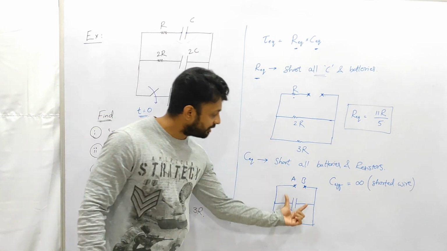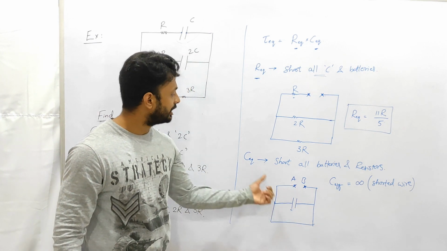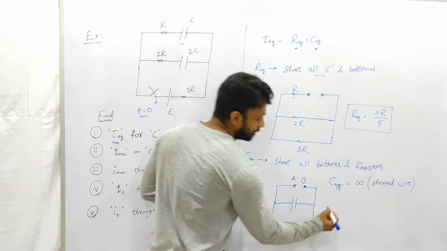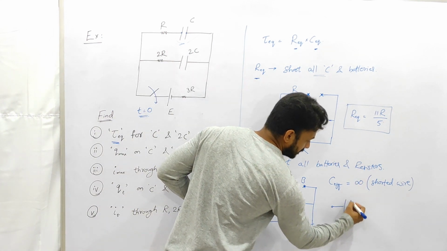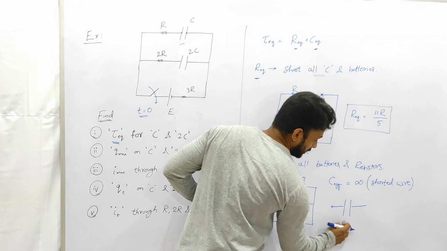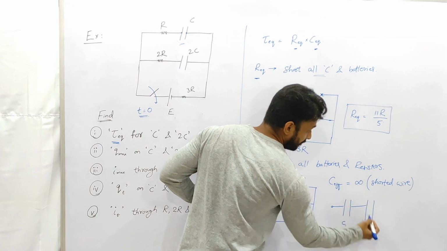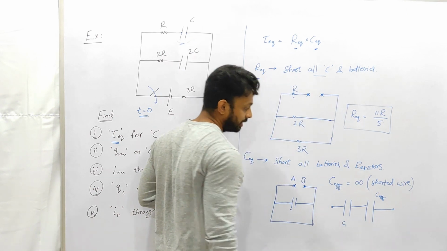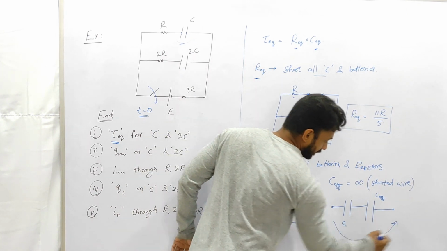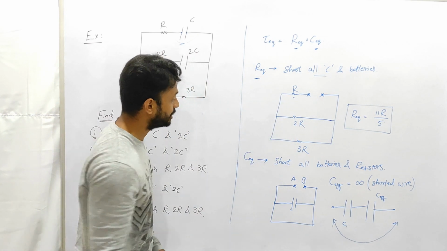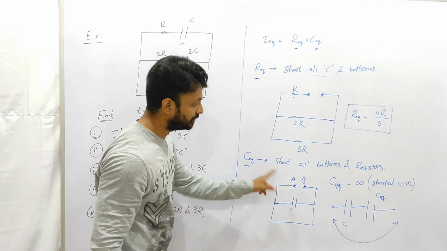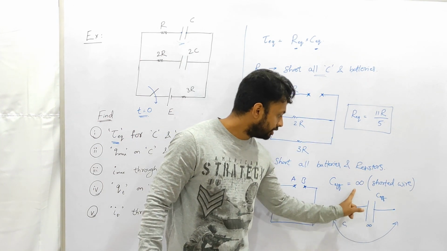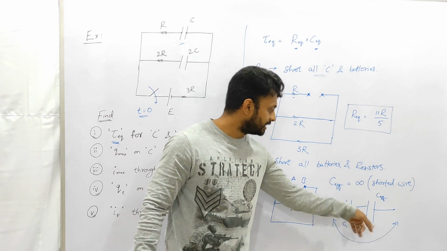Now whatever C effective we got, we assume that it is in series with the required capacitor C. The overall capacitance of this is your C equivalent, and since this is infinite, use the series formula: 1 by C plus 1 by infinity is equal to 1 by C equivalent.